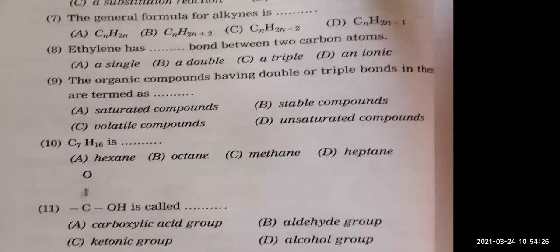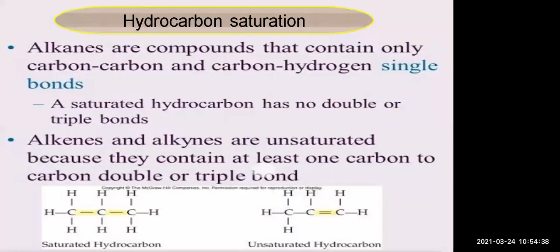Okay. Next question: the organic compound having a double or triple bond in them is termed as a saturated compound, stable compound, volatile compound or unsaturated compound. Now students, as we had seen in hydrocarbons, whenever an alkane contains single bonds, then that hydrocarbon is known as a saturated hydrocarbon.